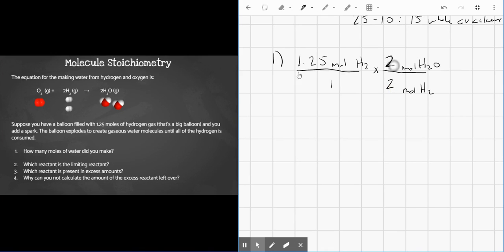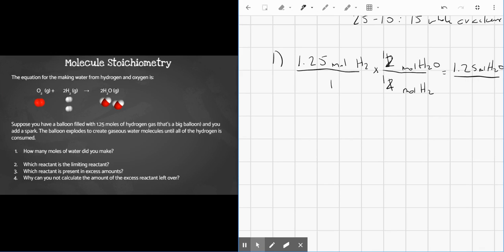This is a 2. So it's a 2-to-2 ratio, which can cancel to a 1-to-1 ratio. And basically, if I have 1.25 moles of hydrogen, I will make 1.25 moles of H2O. Okay, so this is number 1.